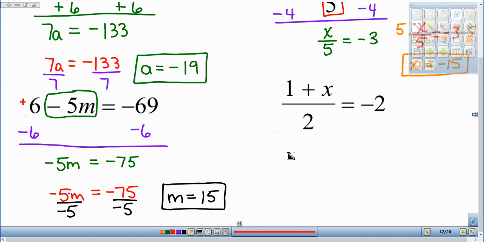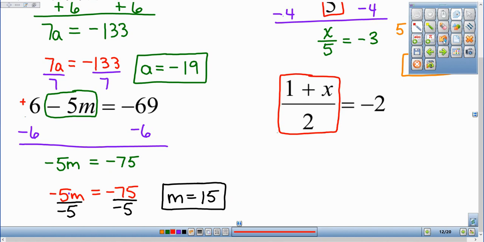And in the last one, it's a little bit different because I would say let's isolate our variable term, but really this is the entire term. We do have a denominator and a numerator, and this is in parentheses. So it's kind of like these are grouped together, and we really want to get rid of this 2 first.